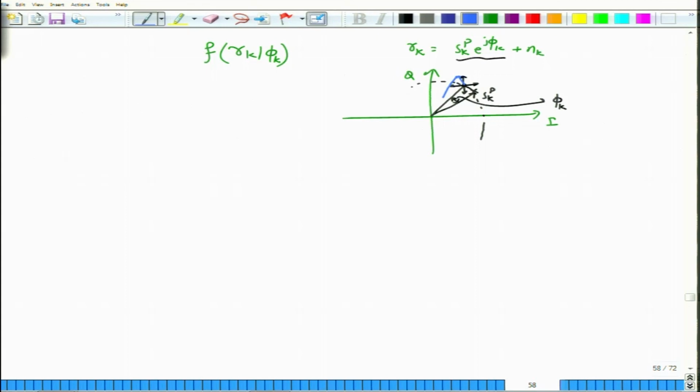This is the actual received symbol. So this is the received symbol r k after taking noise into account, and this little red line which I am redrawing is your noise vector n k. Please note that noise is also complex, so it has a magnitude and it also has a phase phi n k. So this is what the received vector is.